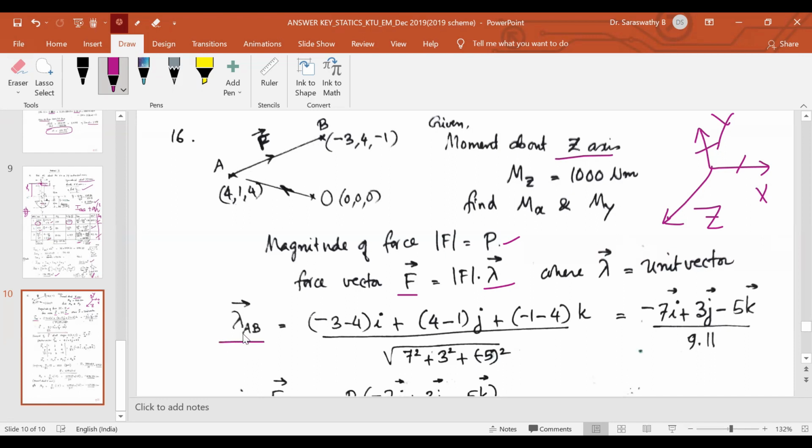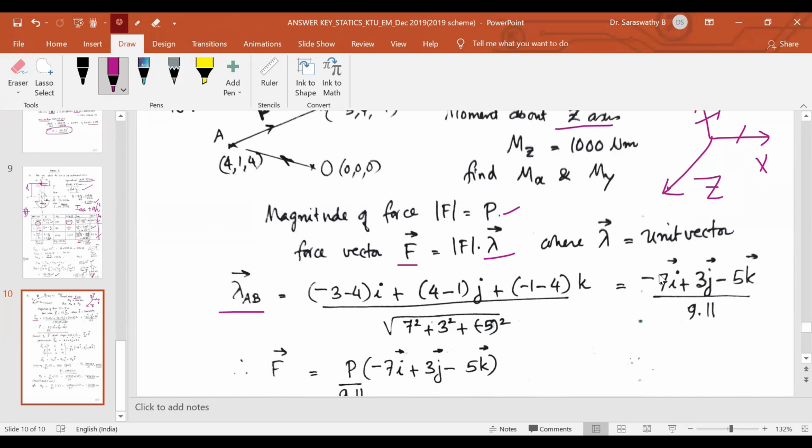So B minus A. So you have to take xb minus xa, minus 3 minus 4i, yb minus ya, 4 minus 1j, zb minus za, minus 1 minus 4k. So it will work out to minus 7i plus 3j minus 5k divided by root of 7 square plus 3 square plus 5 square. So 9.11. So this is the unit vector in the direction of the force.